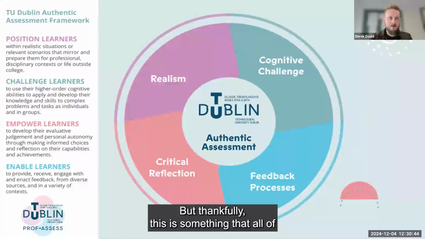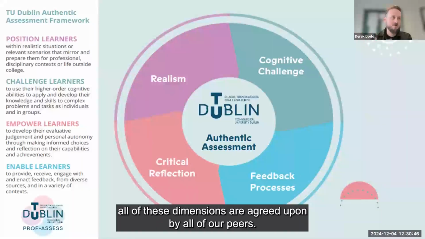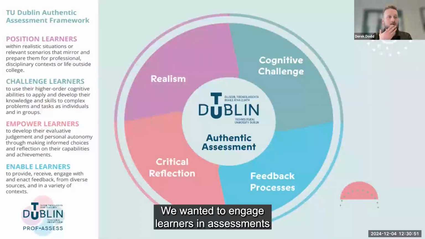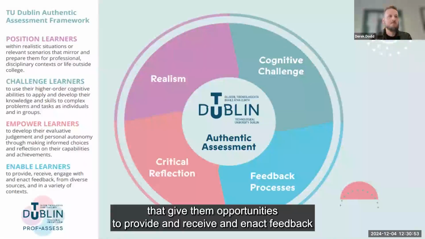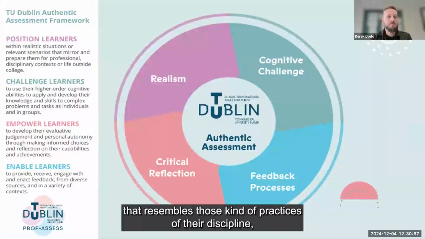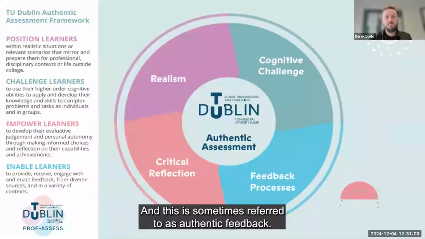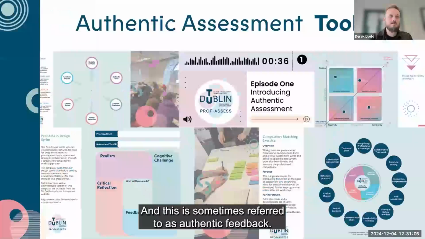But thankfully, all of these dimensions are agreed upon by all of our peers. Feedback. We wanted to engage learners in assessments that give them opportunities to provide, receive and enact feedback that resembles those practices of their discipline, their profession, their workplace, or other life-wide learning settings. And this is sometimes referred to as authentic feedback.